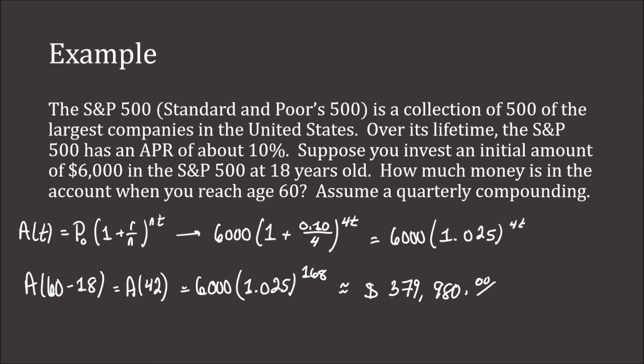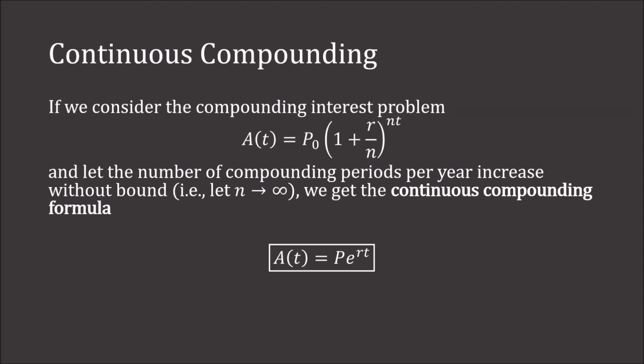Now, if we consider the compounding interest problem, but let the number of compound periods per year increase without bound, that is, let n go to infinity, then we get what's called the continuous compounding formula, which is A of t equals P e to the rt.